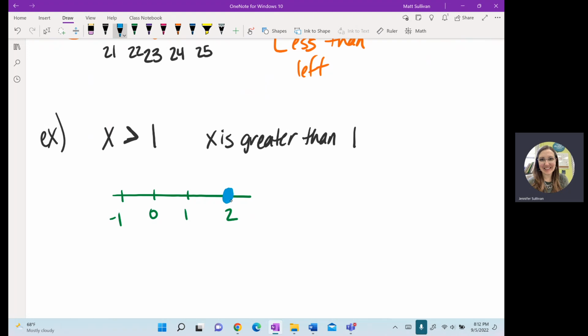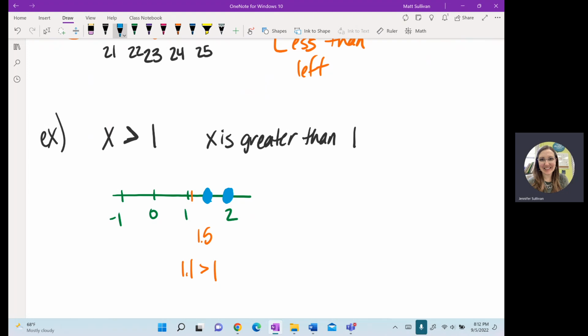That one's pretty simple. But what about 1.5? Is 1.5 greater than 1? Yep, so that would need to be in my solution.